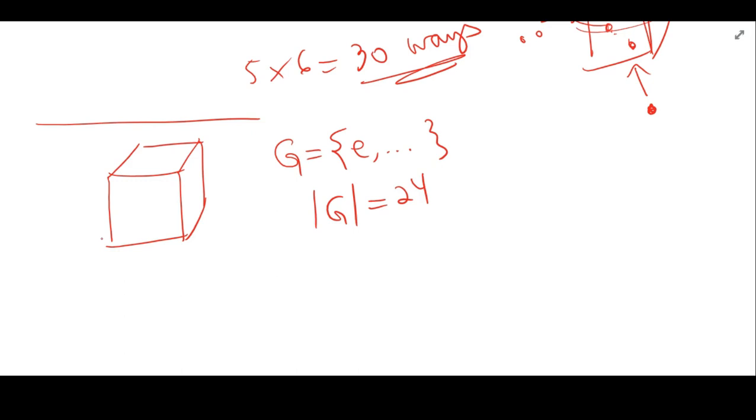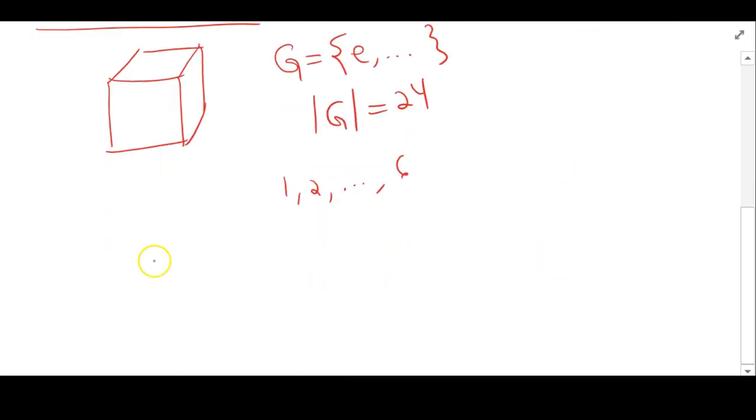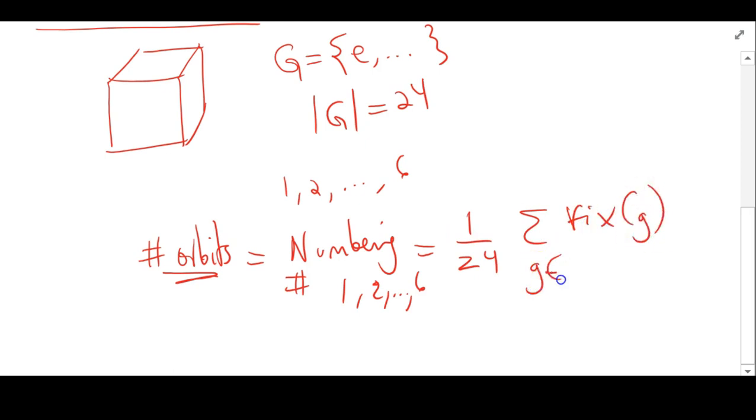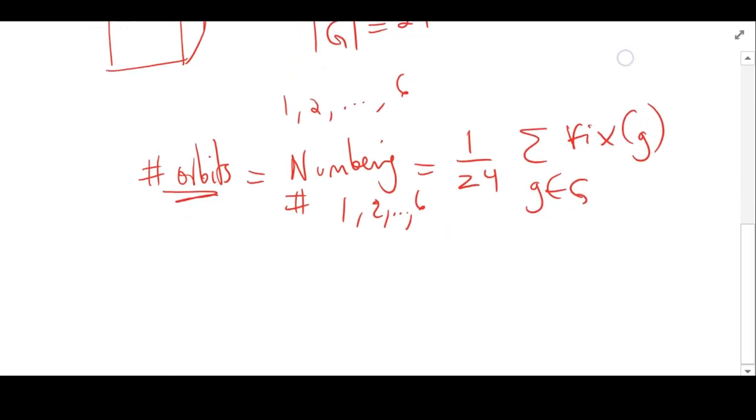If G is 24, and now we have the numbers 1 up to 6, the number of orbits, in this case our orbits is not the coloring but the numbering. So the number of numberings from 1 to 6 is equal to 1 over 24 times the summation of the fix of g for g in G, and this is simply equal to 1 over 24, open parentheses.